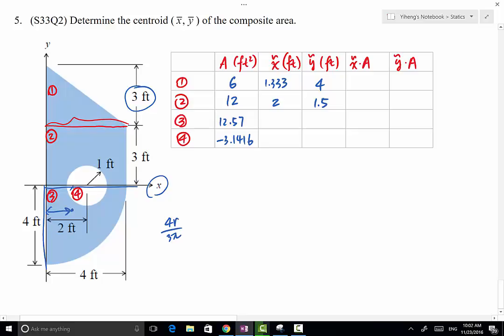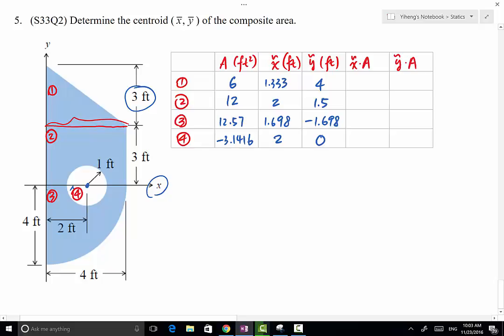So both of these two distances are going to be 4 times 4 divided by 3 times pi. However, along the x direction, we have a positive value of 1.698. But along the y direction, even though the magnitude is the same, because it is below the x-axis, don't forget to give it a negative sign. And lastly, we have area number 4, which is the negative area. Its centroid location is right here. It has x coordinate of 2 and y coordinate of 0.